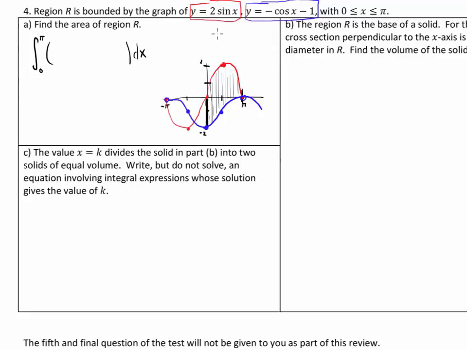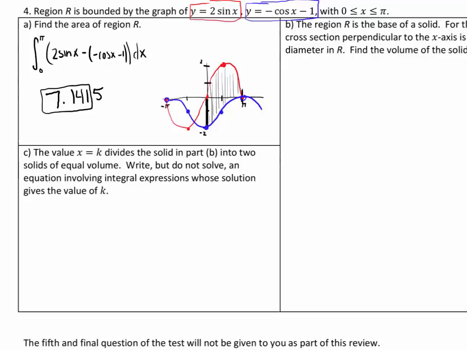Our top is 2 sine of x minus the bottom, let's put this in parentheses, negative cosine of x minus 1. Type that into our calculator and we'll get our area. I got 7.1415. So 7.141 or 7.142. Either one would work.